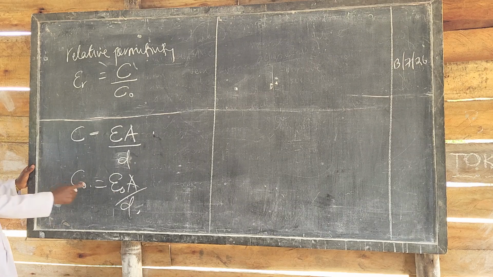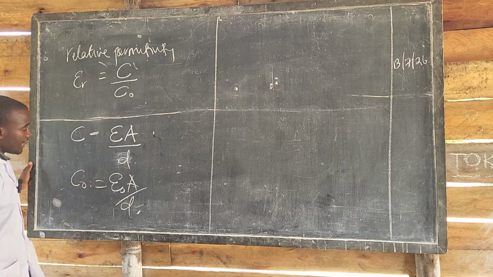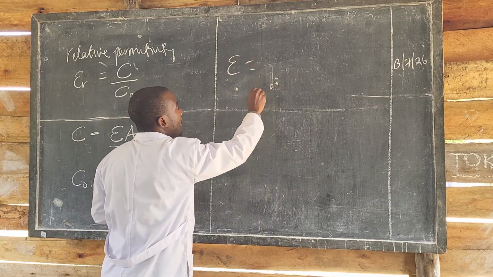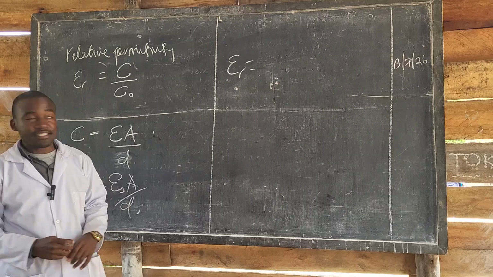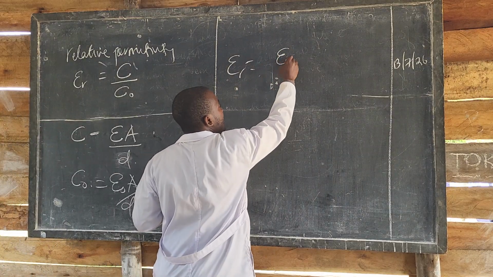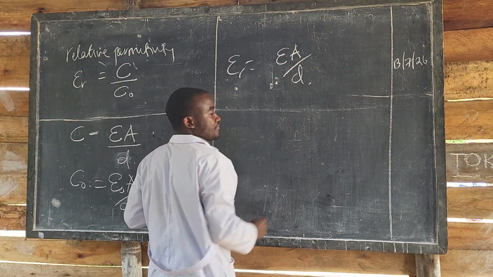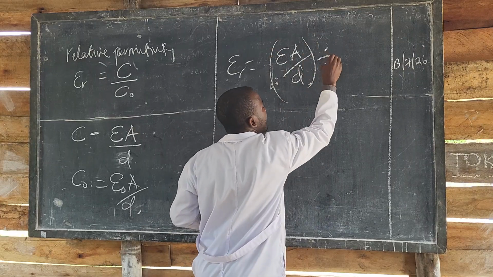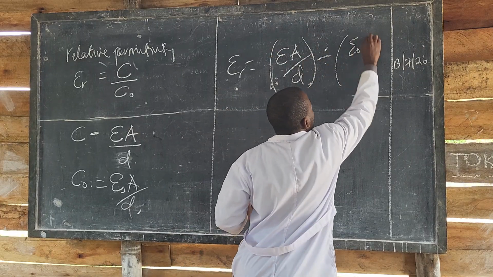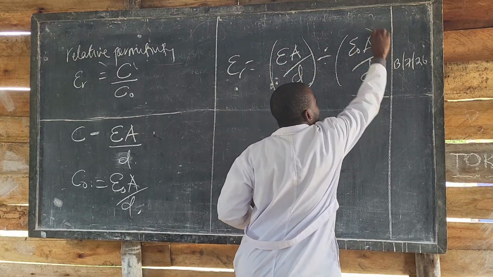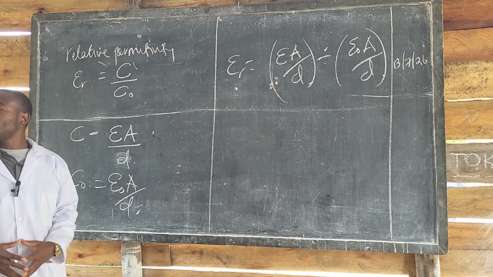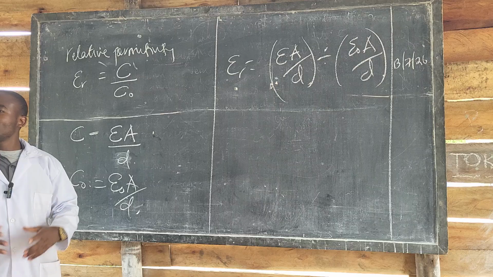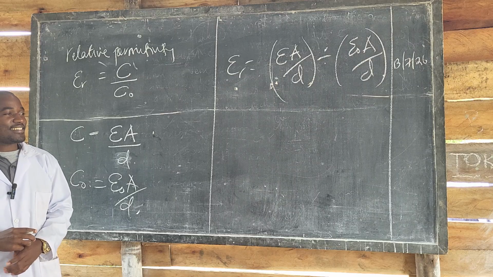So now if we substitute these two in here, we shall have the relative permittivity, or the dielectric constant, epsilon r, equals epsilon A over d, the whole of this divided by epsilon naught A over d. Now from here, the remaining piece of work is algebraic gymnastics.